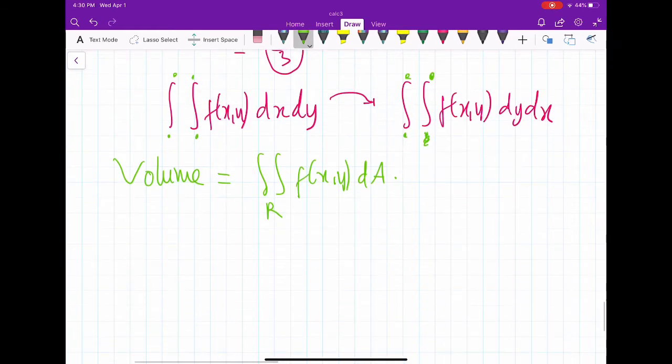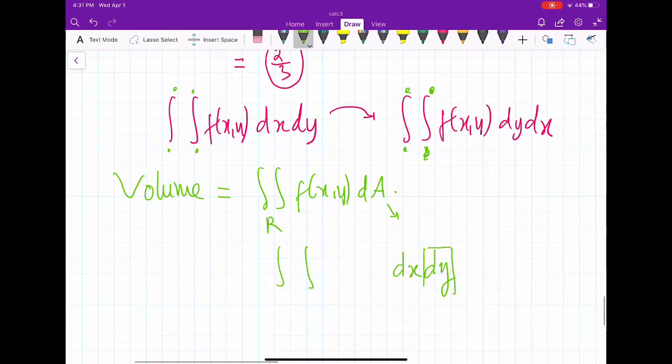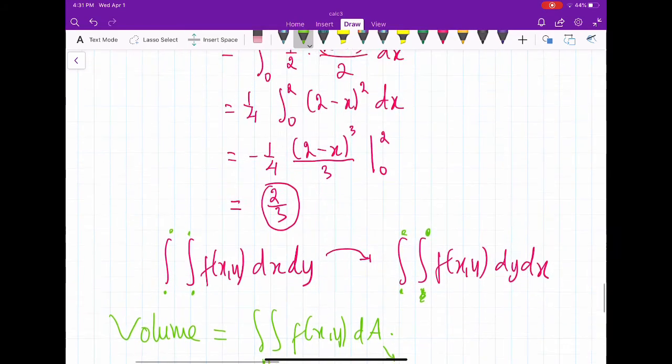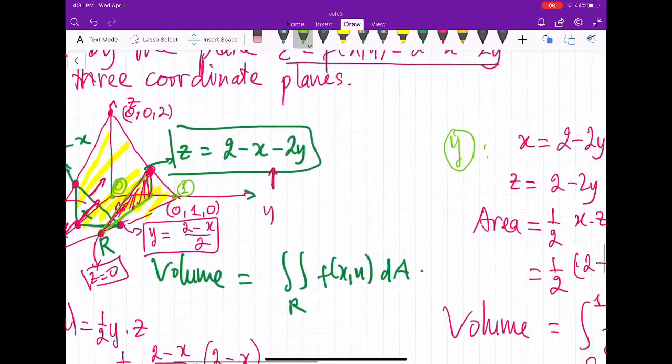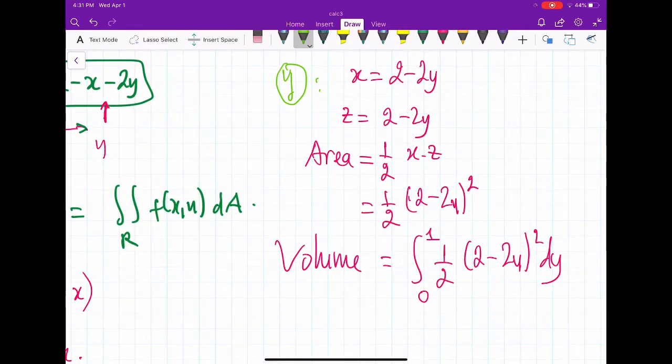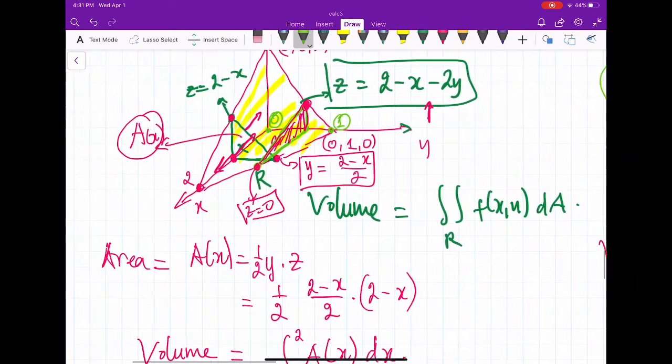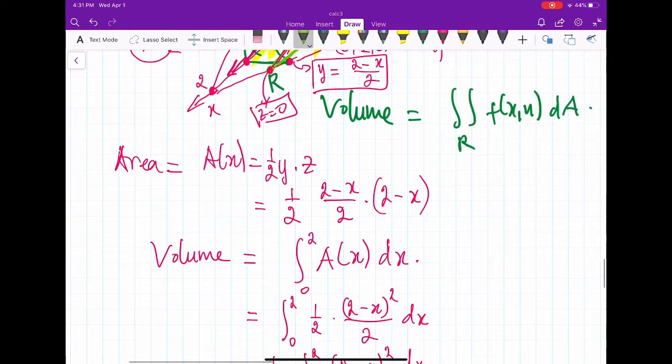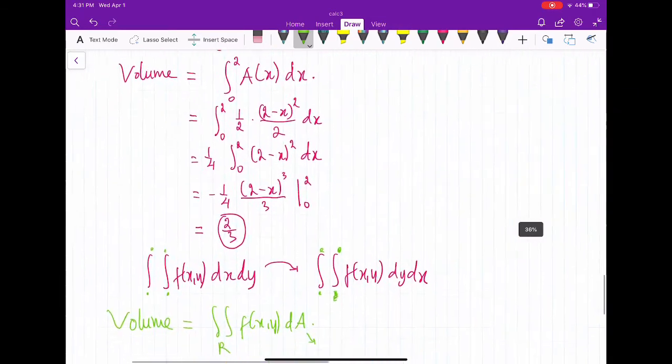If you want to rewrite this integral in the form of an iterated integral in the order dx dy, look at this, dx dy, you need to fix y first. If you fix y, you are in the second situation right here. If you fix x, you are in the first situation. So how to see that?